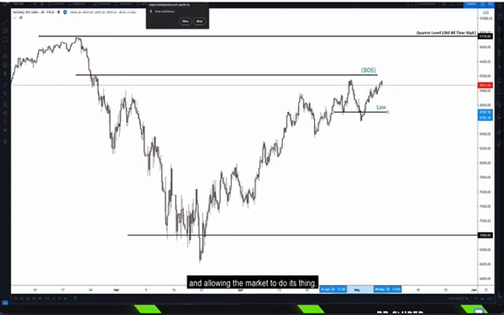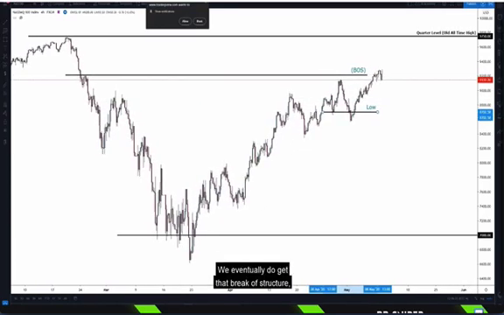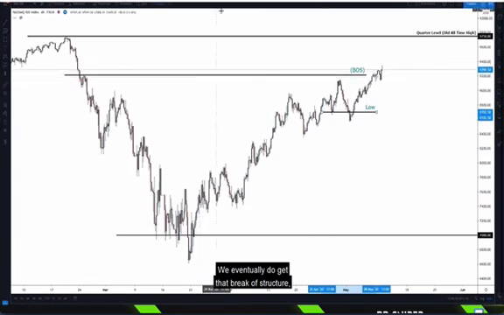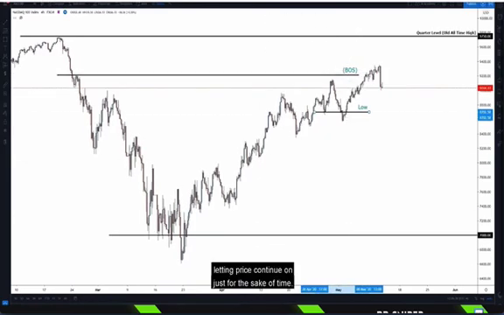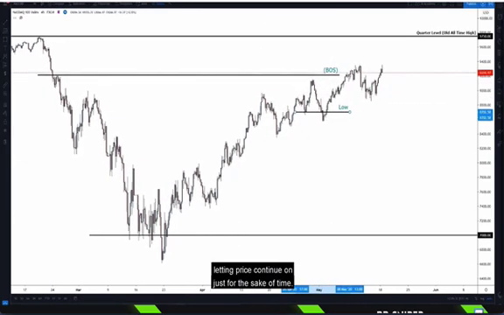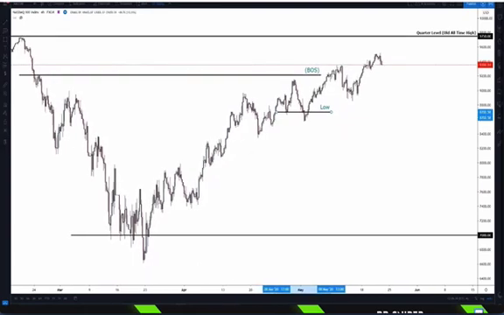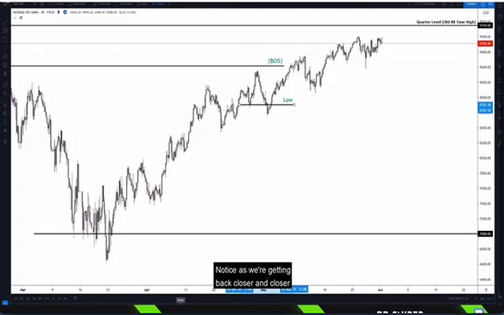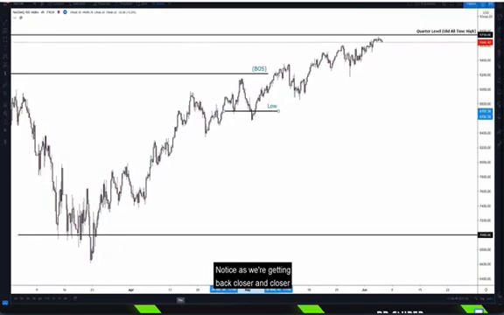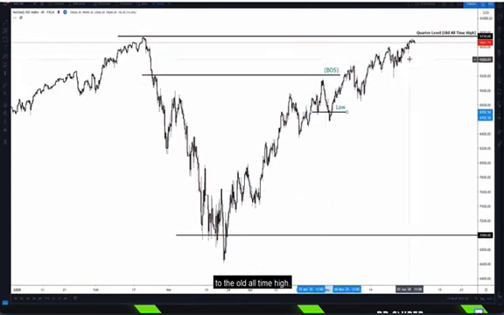And allowing the market to do its thing, we eventually do get that break of structure. Letting price continue on, just for the sake of time. Notice as we're getting back closer and closer to the old all-time high.